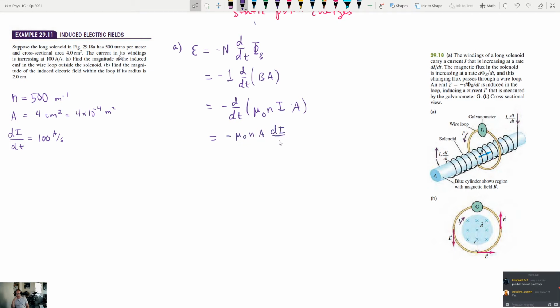And I think we have all of the things we need to plug in now. We're not going to worry about that negative sign because the negative sign comes from Lenz's law, and we've already drawn the direction of the current on here.